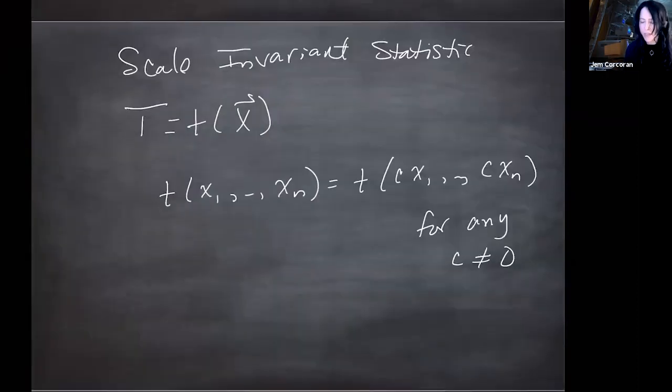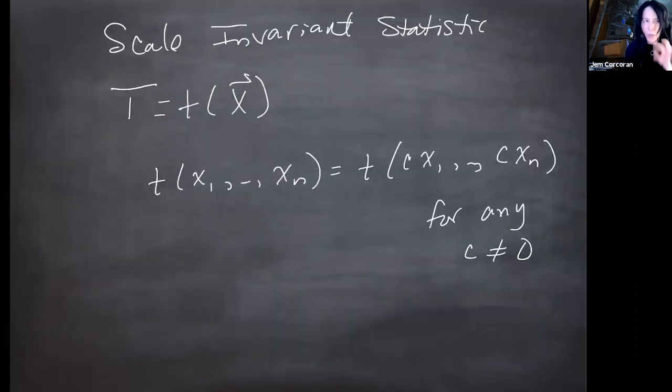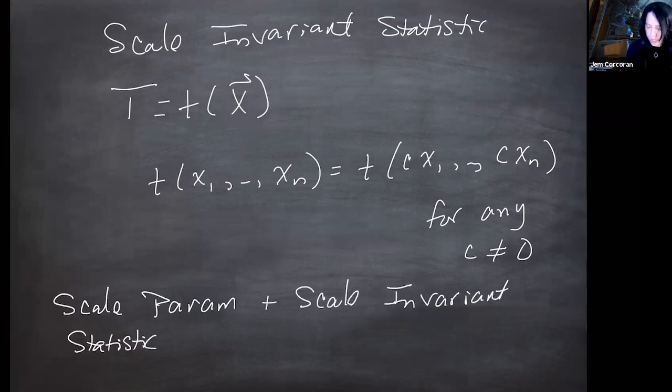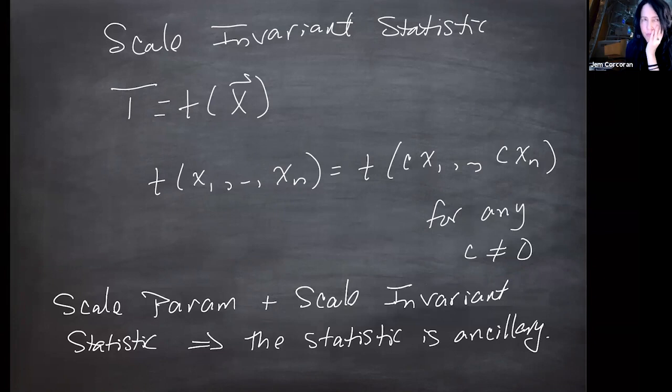And I claim that scale invariant statistics, when you have a scale parameter or an inverse scale parameter, are ancillary. So scale parameter plus scale invariant statistic implies that scale invariant statistic is ancillary. I was going to spare you the proof of that one because you would have just seen the other proof of the location case.